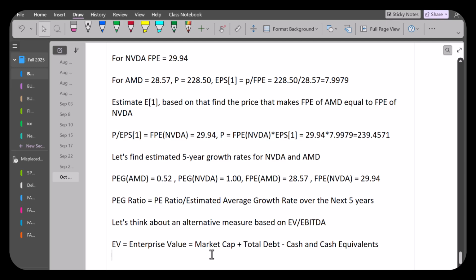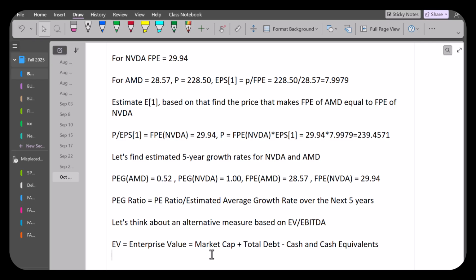So you can think of enterprise value as the estimated value for the assets of the firm, okay? Estimated value for the long-term assets of the firm. We deduct cash and cash equivalents because we already know the value of them in a sense.